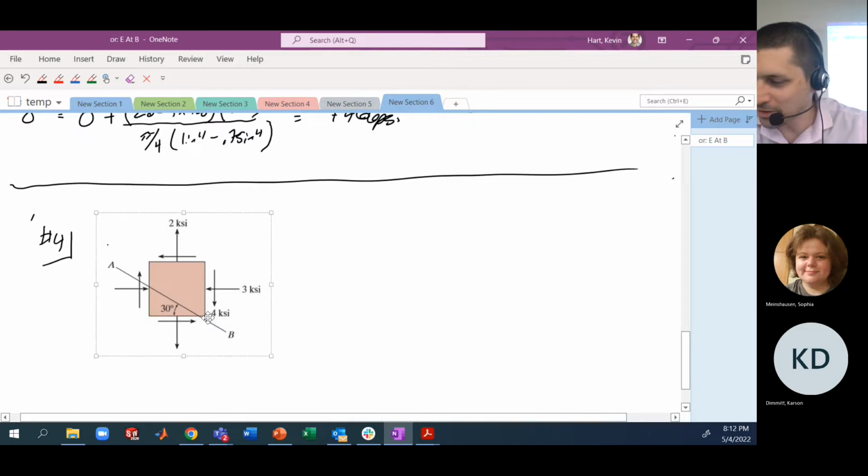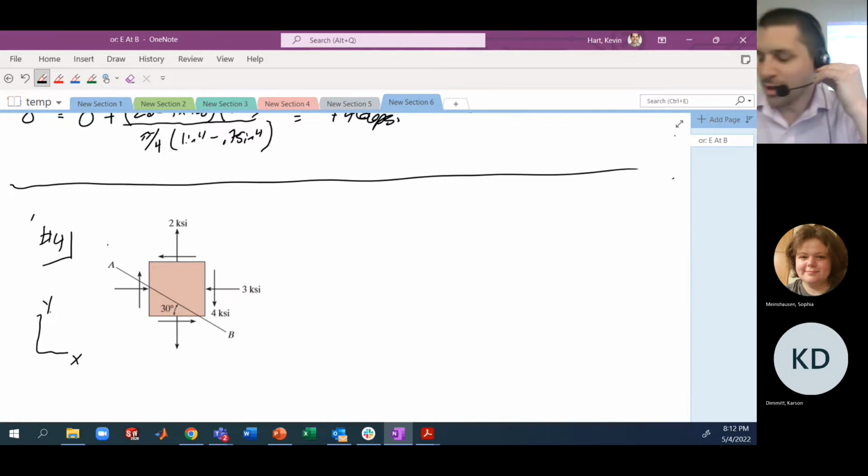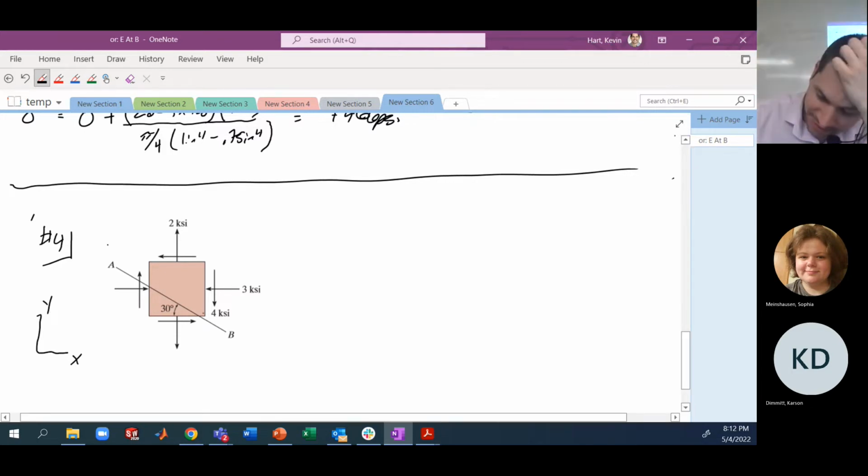Okay, so no coordinate system given for this one straight away, but we're going to just assume something reasonable. We're asked for the normal stress and the shear stress on this inclined plane AB.